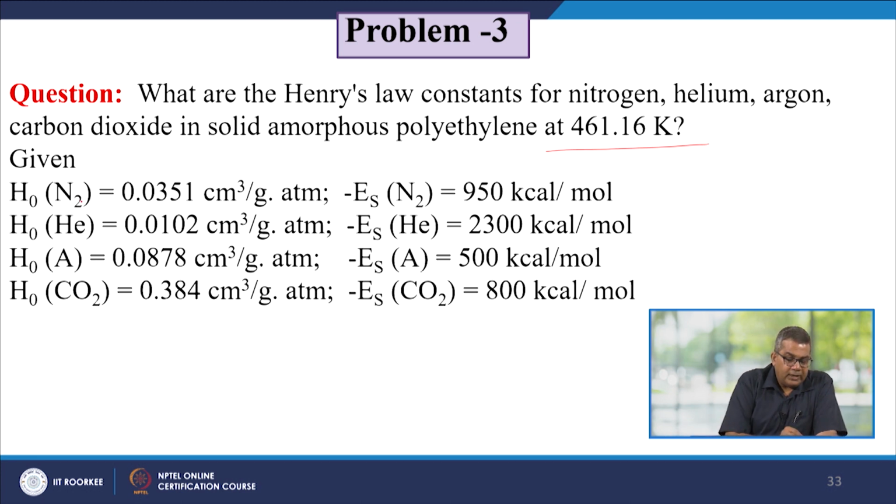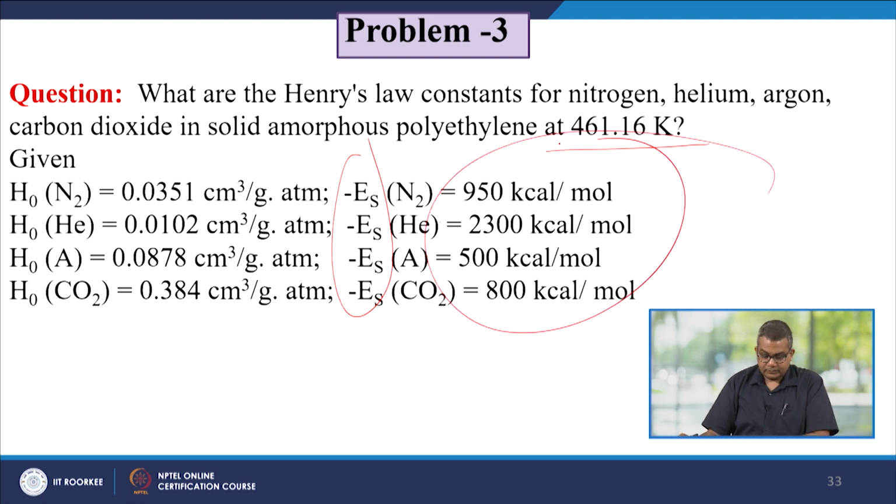Here the initial Henry's law constant H naught is given for nitrogen, helium, argon and carbon dioxide like 0.0351, 0.0102, 0.878 centimeter cube per gram atmosphere and 3.384 centimeter cube per gram atmosphere. Apart from this, the ES values are given for nitrogen, helium, argon, carbon dioxide like this.